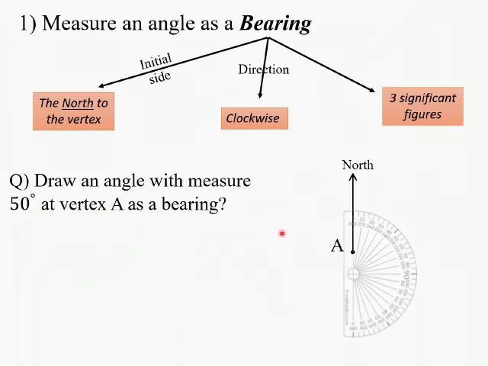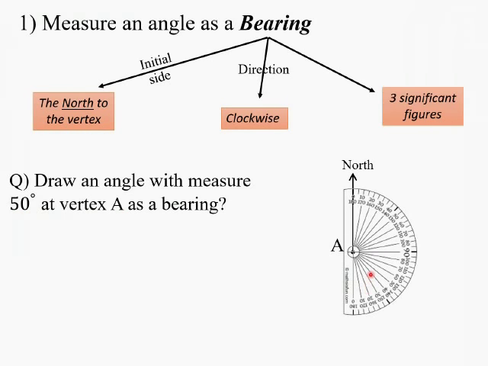Okay, let us get our protractor, and adjust it such that its center is at A and the zero coincides with the north direction. By this way, when we move, we must go in the clockwise direction.